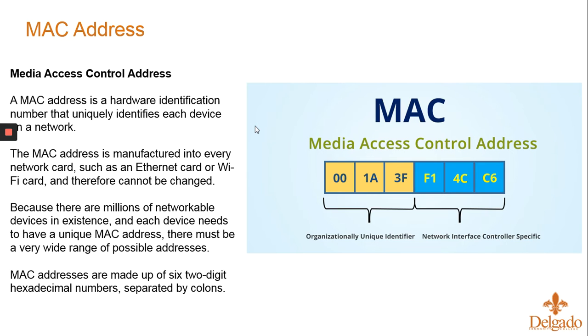GE would have theirs. Whoever makes the NIC card for the Dell computer would have their own. That way you would know just from the MAC address who was the original manufacturer of it. And then the numbers shown here in the blue boxes would be like a serial number, shall we say, the unique identifier from that manufacturer.